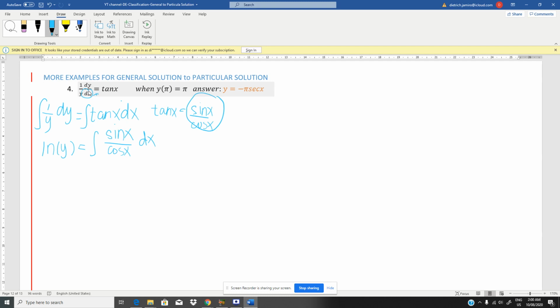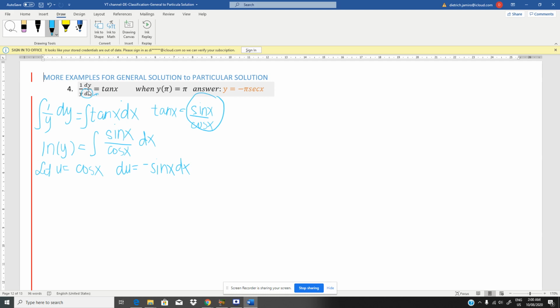Now I will use u substitution. I will let u be equivalent to cosine x. Taking the derivative, we will have du is equal to negative sine x dx.